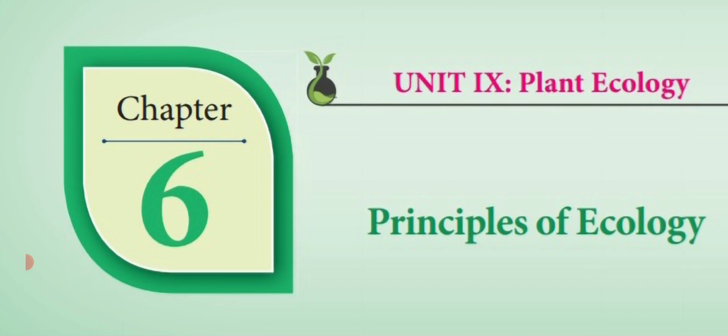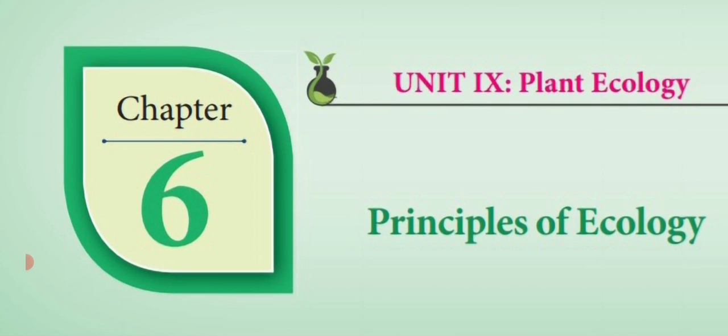These living organisms interact among themselves and also with other organisms, either directly or indirectly. Those factors are known as biotic factors. These biotic factors are divided into two types: positive interaction and negative interaction.